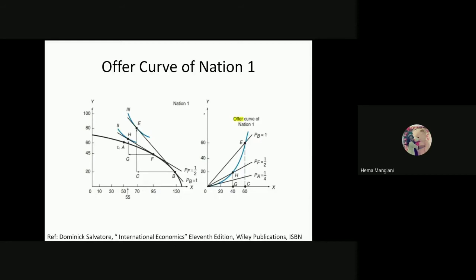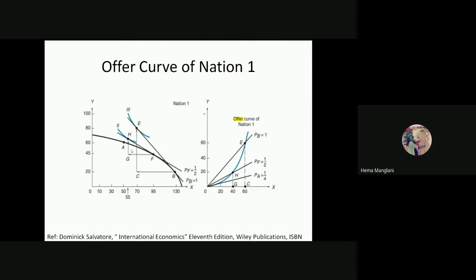If this country is not participating in international trade, the country would follow the production and consumption point on this particular point A. It means our production point and consumption point are not different from each other at point A. It means the country is consuming this much of the X commodity and this much of the Y commodity, and also producing the same proportion of this much of the X commodity and this much of the Y commodity, because the country is not participating in international trade.